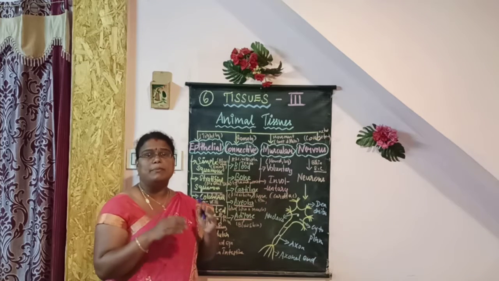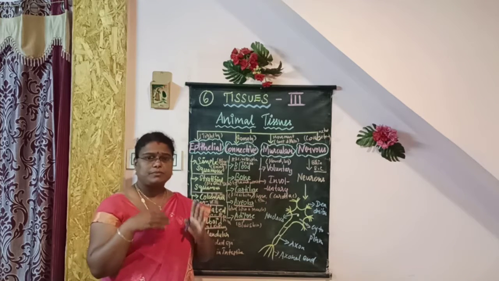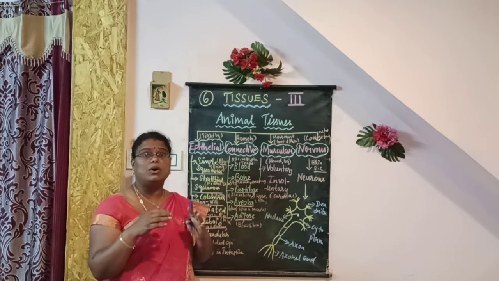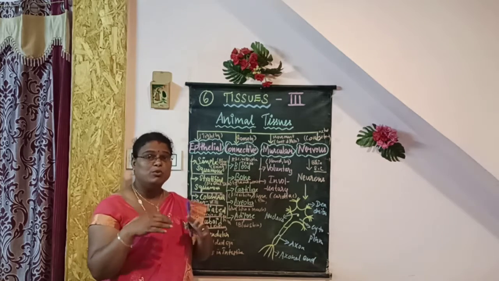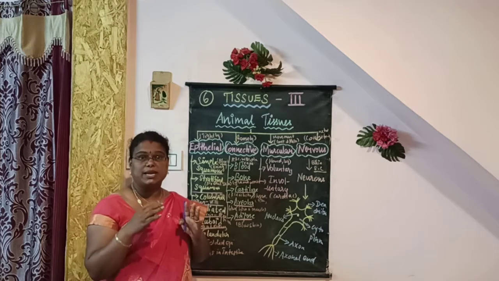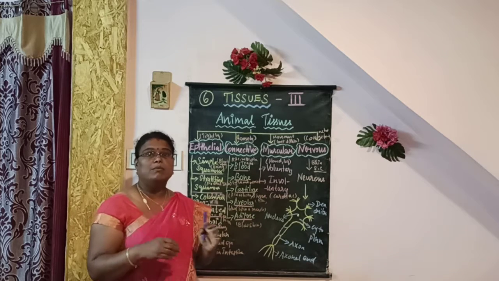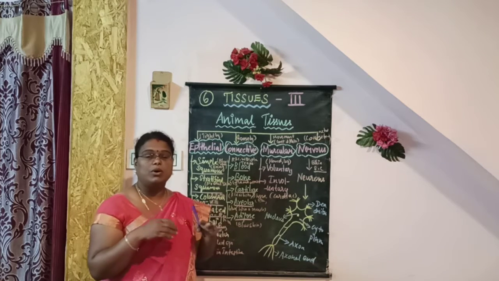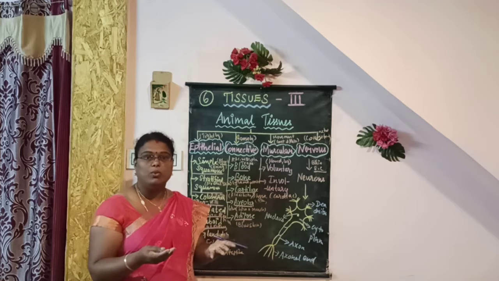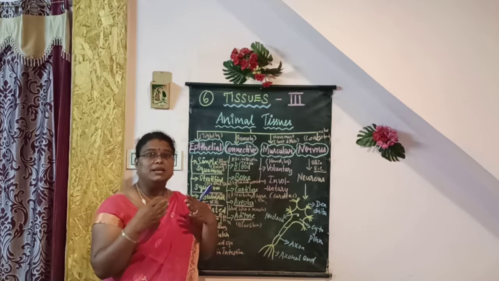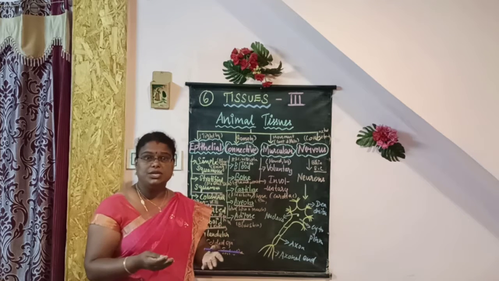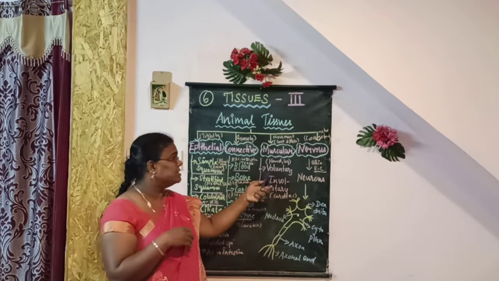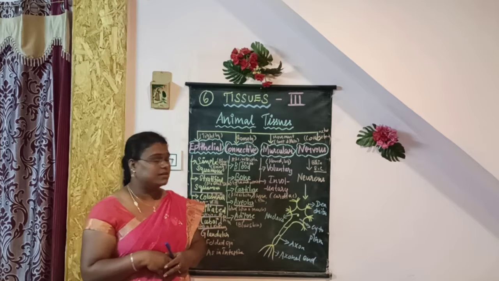Voluntary muscles are the muscles which move by our conscious will, or the movement takes place with our knowledge. Example, movement of the hand, movement of the leg. If we wish to move our hand, we will move, or if we wish to walk, we will walk. So it takes place in the presence of our conscious or our knowledge. Voluntarily it takes place. That is called voluntary muscles.